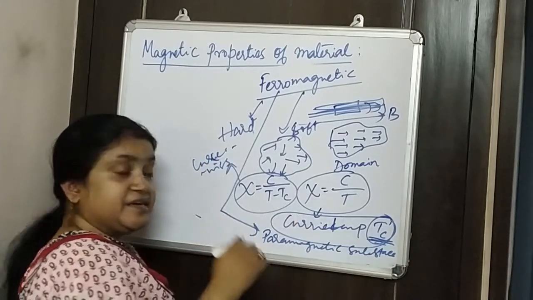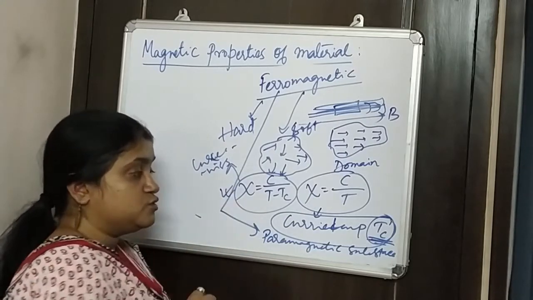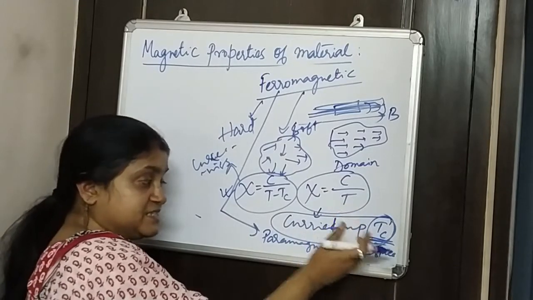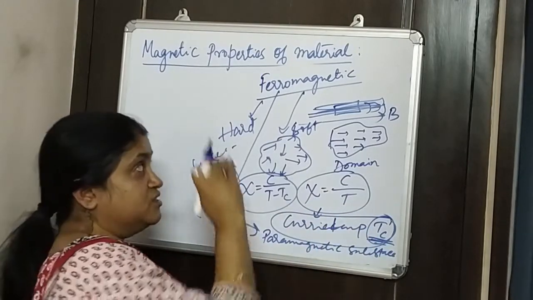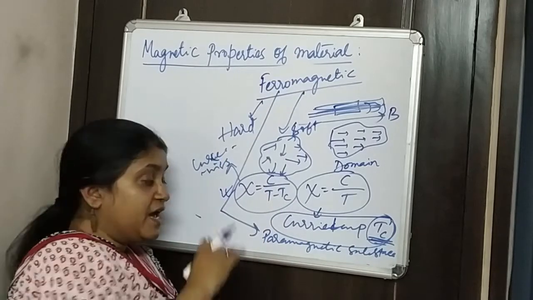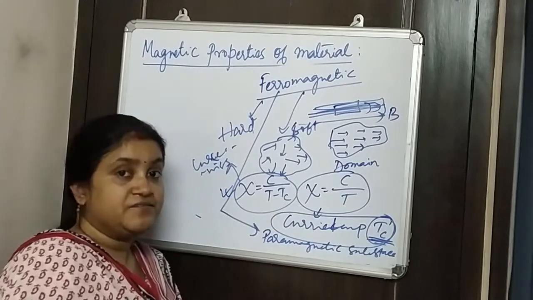So in the paramagnetic phase of the ferromagnetic substance, they would follow this rule, where we see that after a critical temperature Tc, which is the Curie temperature, there is a phase shift from ferromagnet to paramagnet, and the material would shift to a paramagnetic phase.